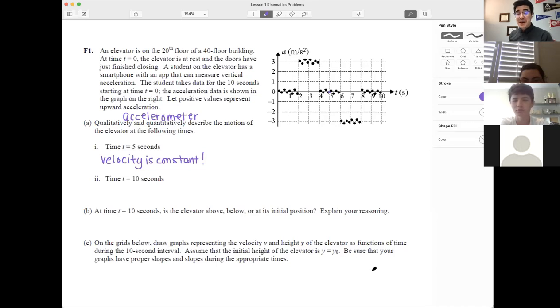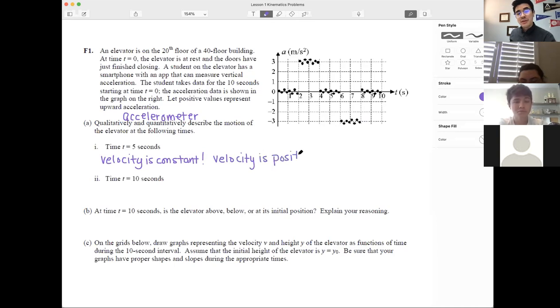The velocity would be positive, yes. So you caught yourself, right? Slowing down would be decelerating. But right now, it's been accelerating and then it stops accelerating, but that doesn't mean it changes the speed. So the velocity is positive. And if velocity is positive, that means it's going up, right?